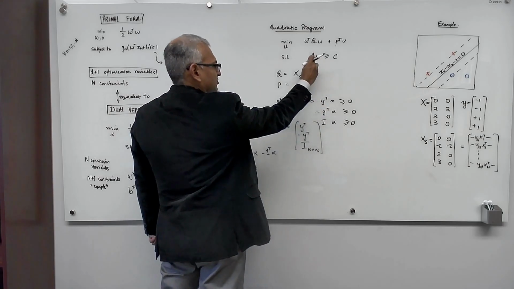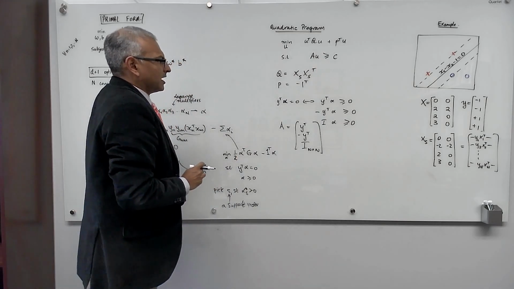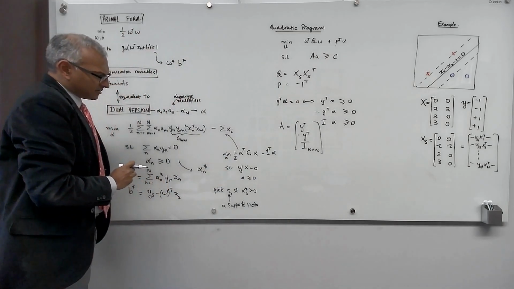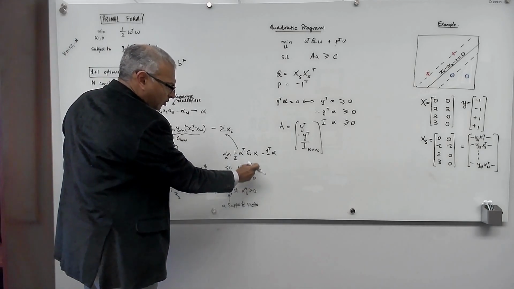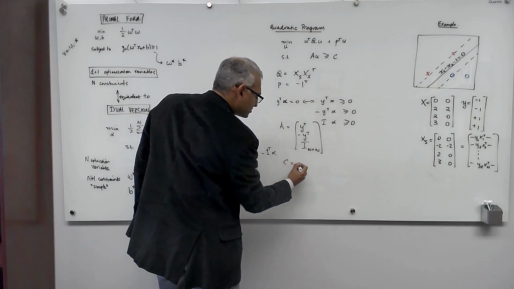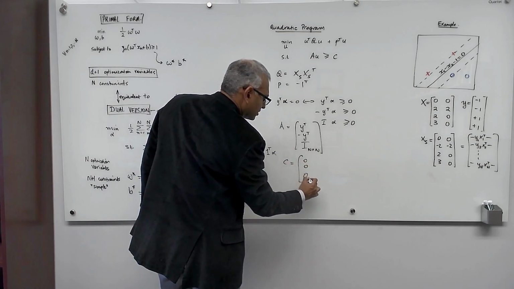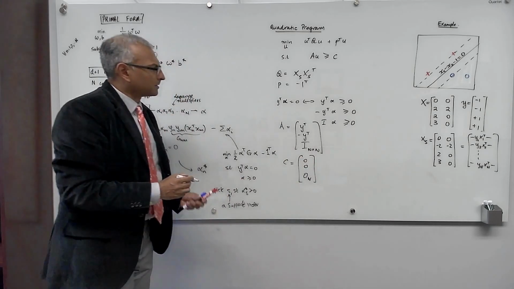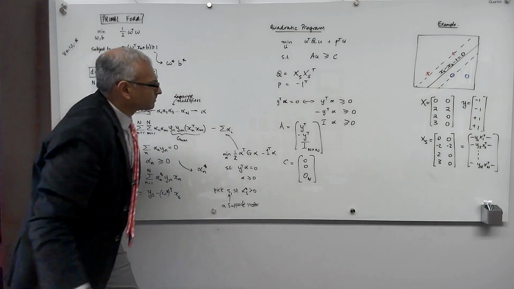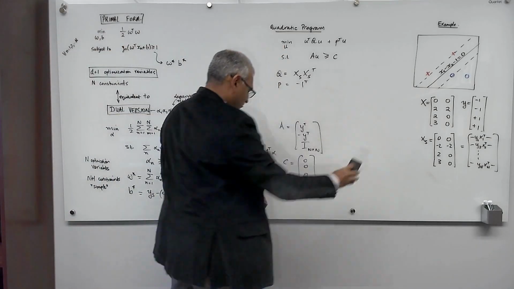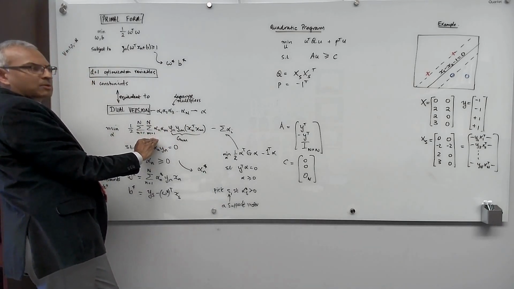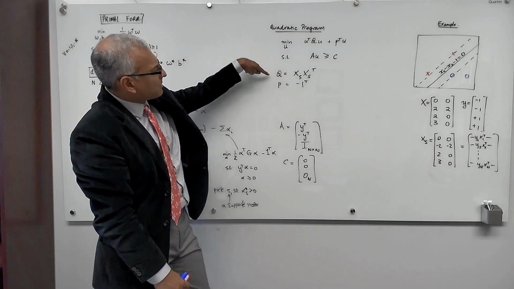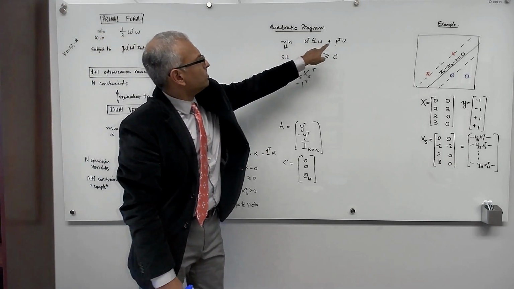That's the matrix A. And the vector C is just all zeros: 0, 0, and the n-dimensional 0. So for the quadratic program in vector form that's equivalent to the problem we need to solve, we can identify the parameters Q, P, A, and C.